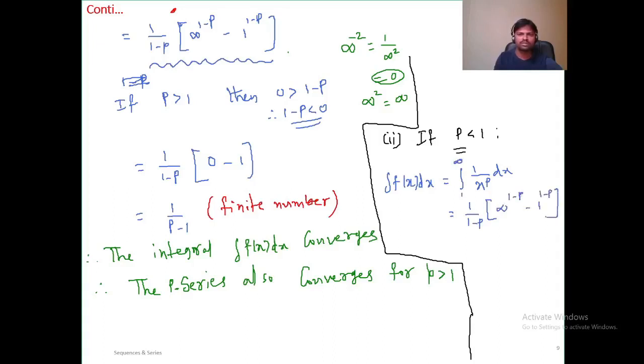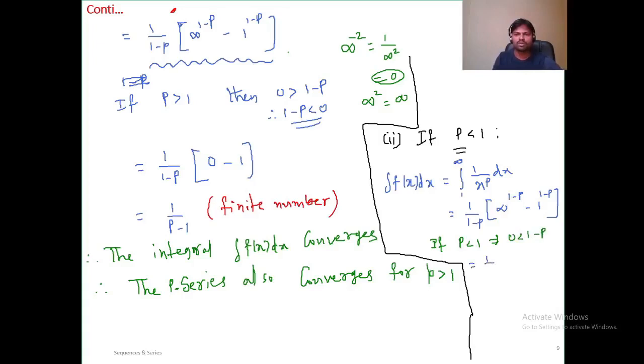Now in this, if p is less than 1, bring p to the right-hand side. So 0 is less than 1 minus p. That means 1 minus p is positive. If you look at the power, infinity to a positive power is infinity.